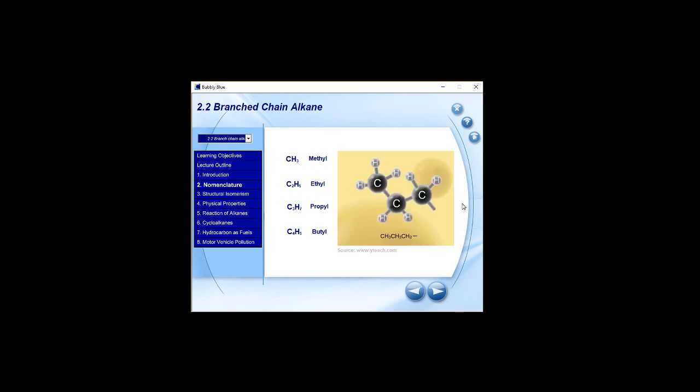To name the simplest alkyl group, where the potential point of attachment is at the end of the carbon chain, we take the IUPAC name of the corresponding straight chain alkane and replace the ending -ane by the ending -yl. Methyl, ethyl, or butyl groups are examples of simple alkyl groups.